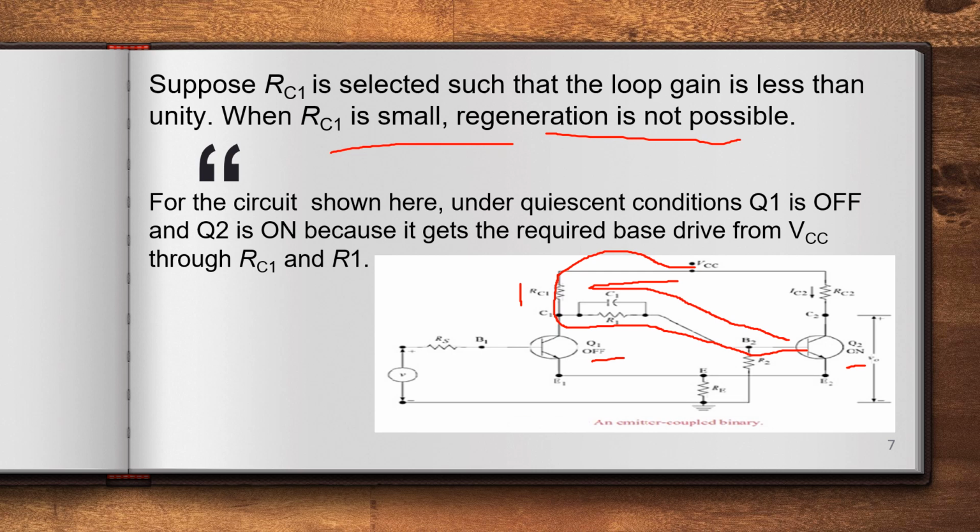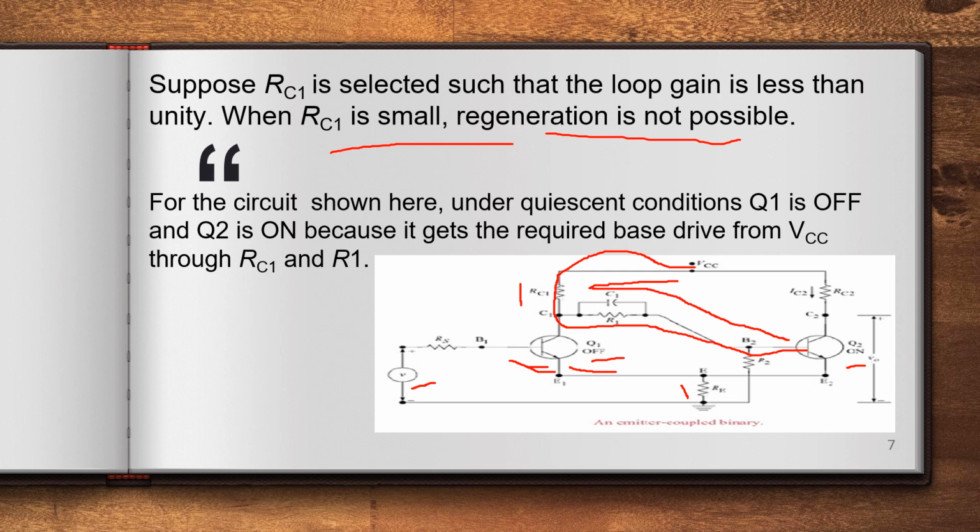It is connected to another voltage source, small v. If you want to make transistor Q1 conduct, the input voltage should be greater than or equivalent to the cut-in voltage of transistor Q1 plus the drop across RE. Then only transistor Q1 comes into conduction. Otherwise, Q1 will be in the off state only.